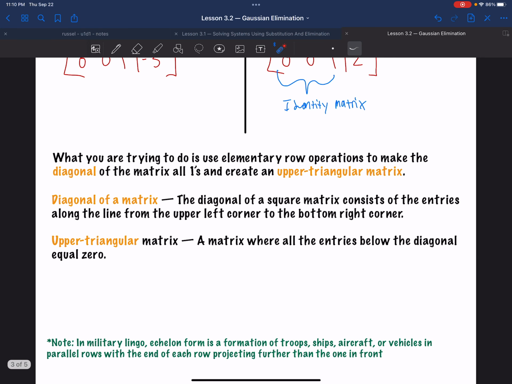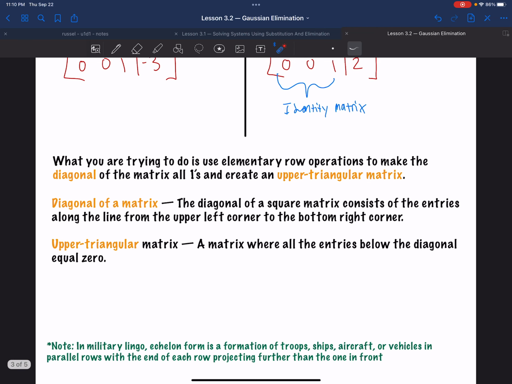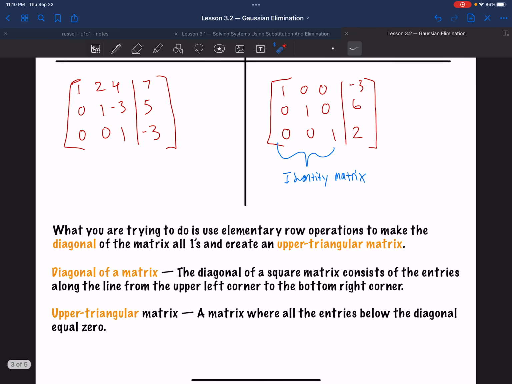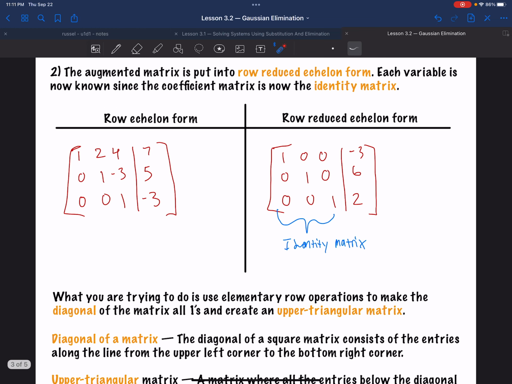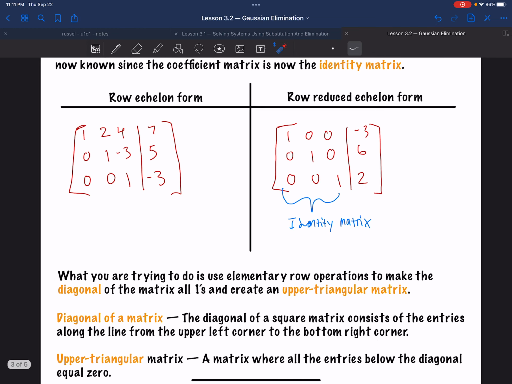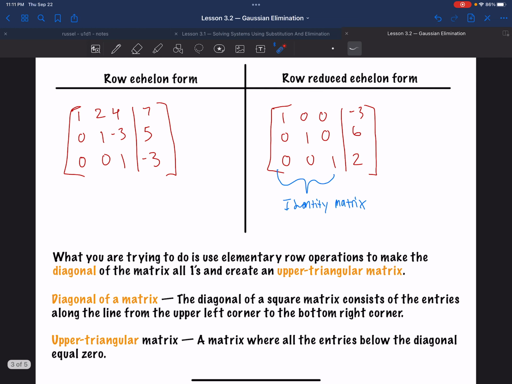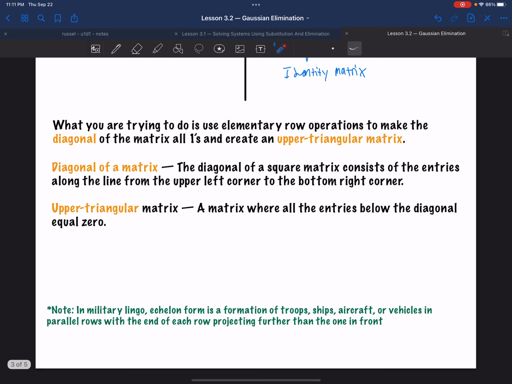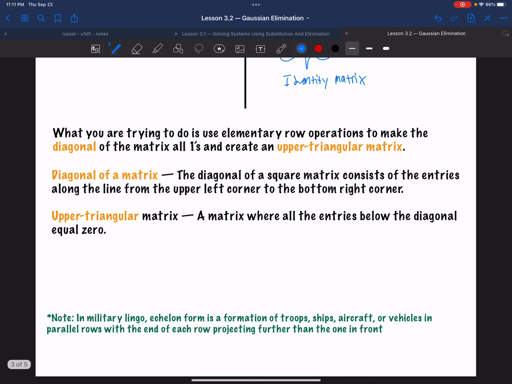The upper triangular matrix is this. Okay, it's really just row echelon form is your upper triangular matrix. But if I were to give an example for upper triangular, it's not here, let me switch back to red.